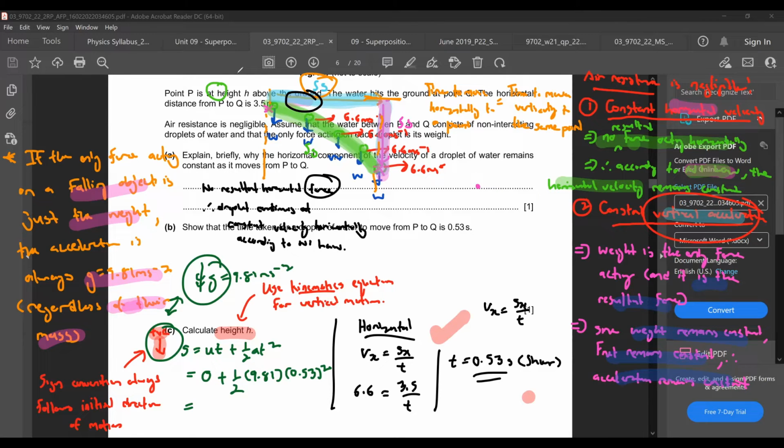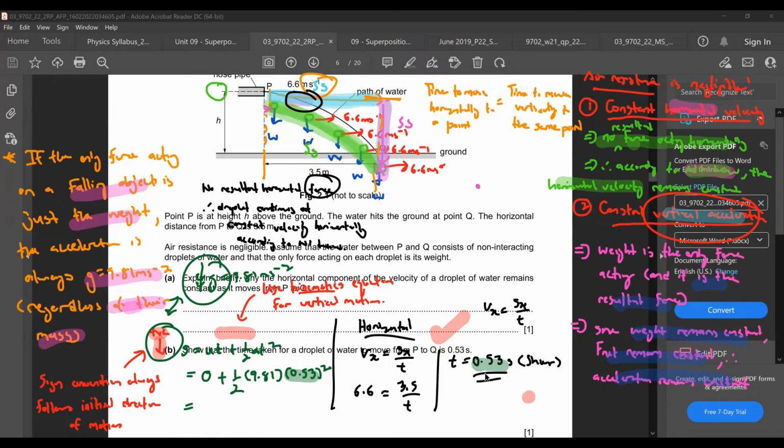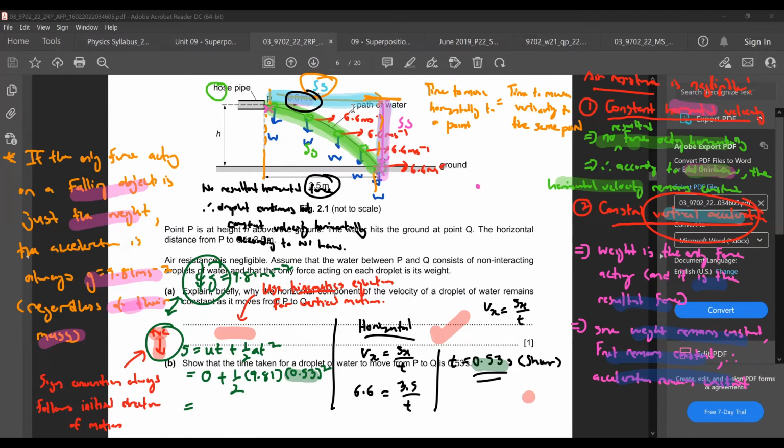Okay, you see this time that I use is the same as the time that I found previously. Just now I mentioned to you the time that it took for you to move horizontally to one point is the same as the time to move vertically to that same point. They will always share the same time if you're sharing the same point.